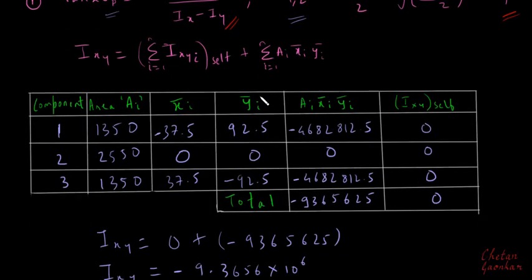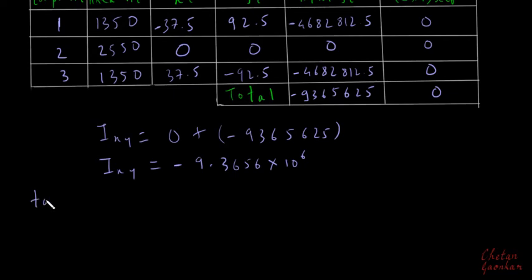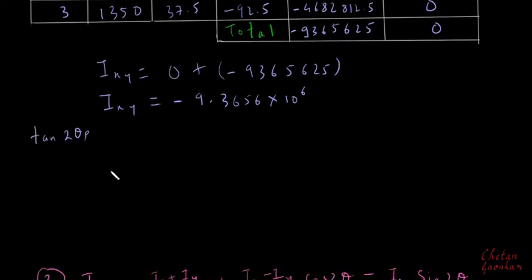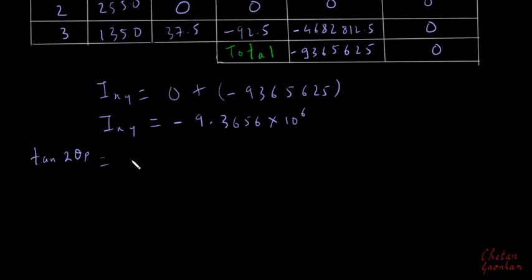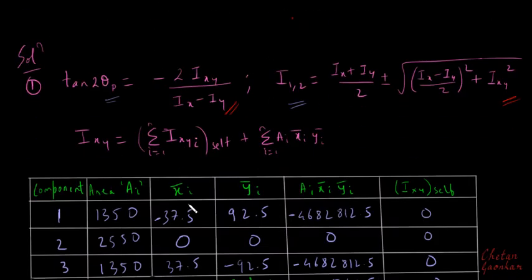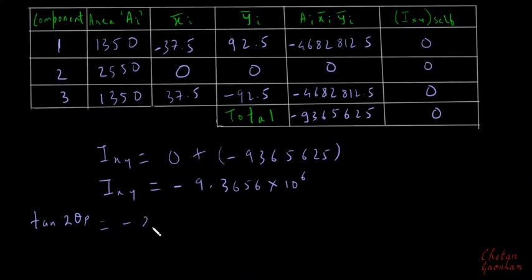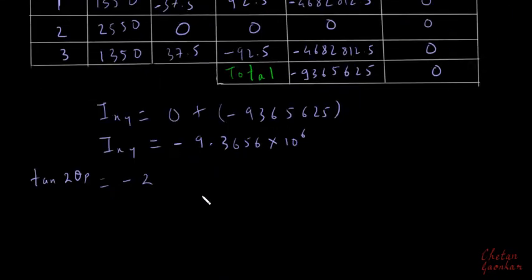So tan of 2 theta p will be equal to minus 2 times Ixy divided by Ix minus Iy. Ixy we have already got as 9.3656 multiplied by 10 to the power 6.